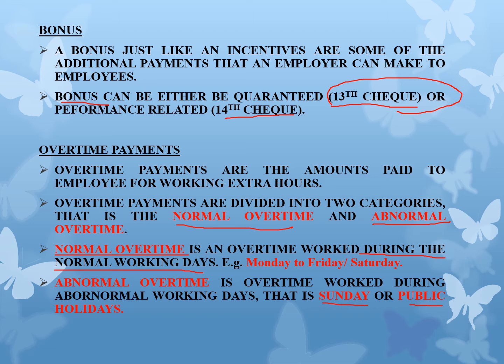Some of the exercises in the book will show you that when you have worked normal overtime, you are remunerated at 50% above the normal rate. Well, if it's overtime which happened on Sundays and public holidays, it is double the normal rate, which means you must multiply the normal rate by 2.